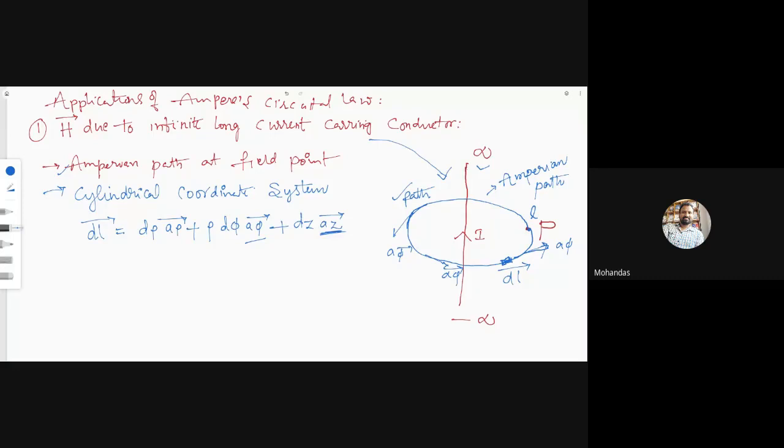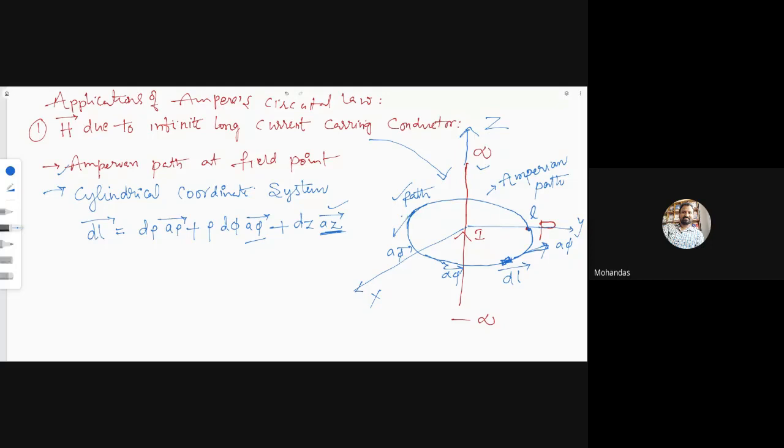Let me draw the coordinate system. This is our x coordinate, this is y coordinate, and this is z coordinate. The conductor is placed along the z axis, right? Is there any change in the direction of az for this Amperian path? The conductor is changing, but this Amperian path is not changing.